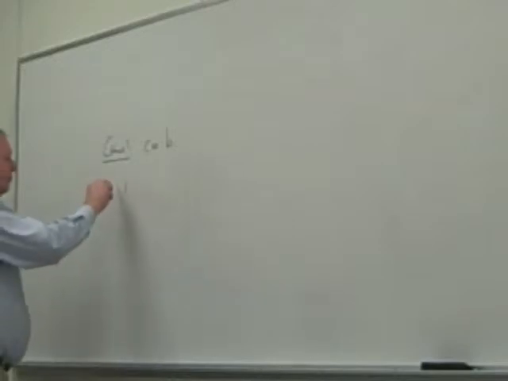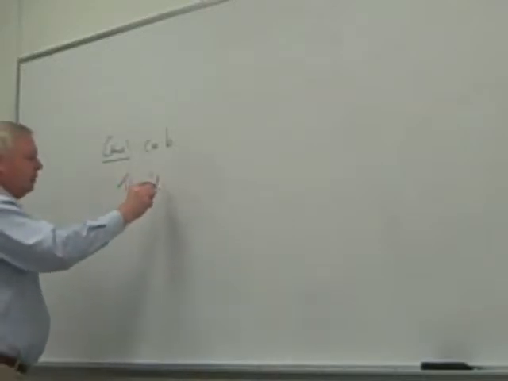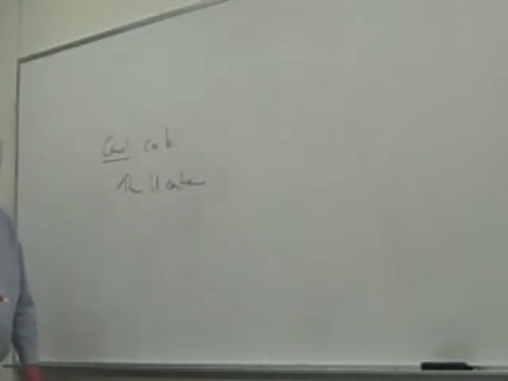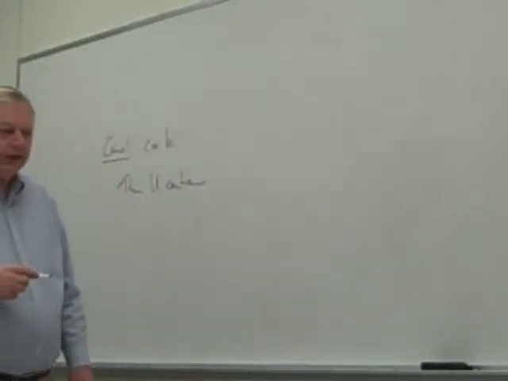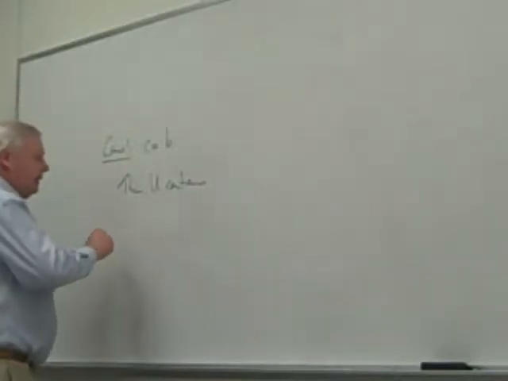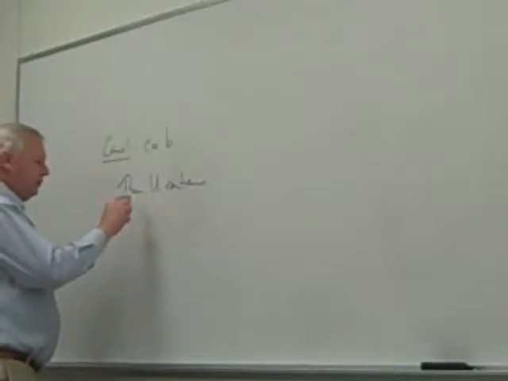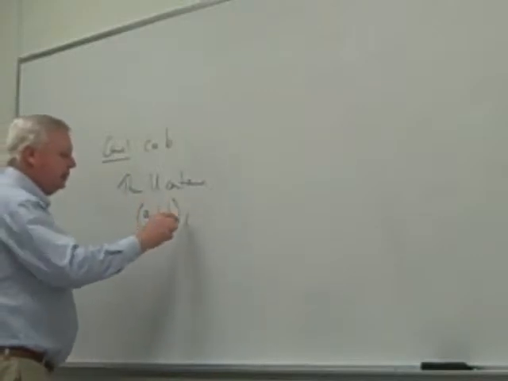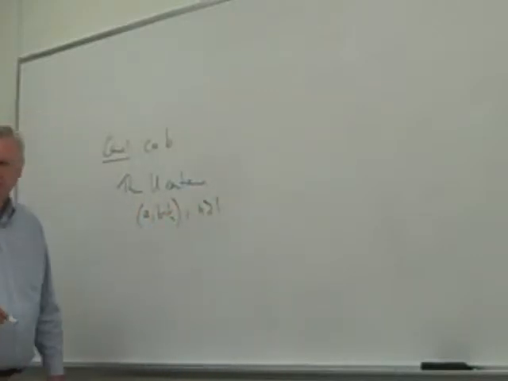suppose that C is equal to B. Then U contains all intervals of the form A to B minus 1 over n, for n greater or equal to 1.